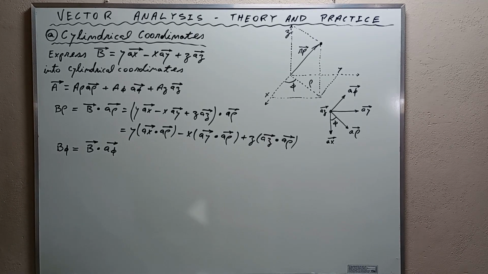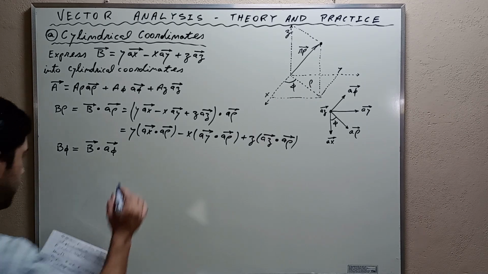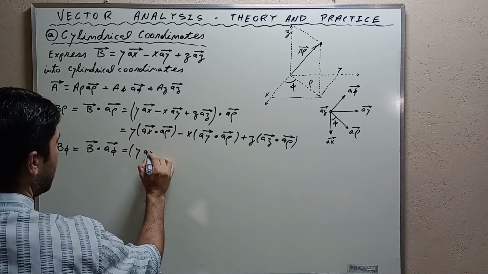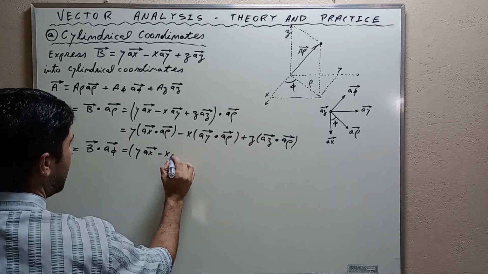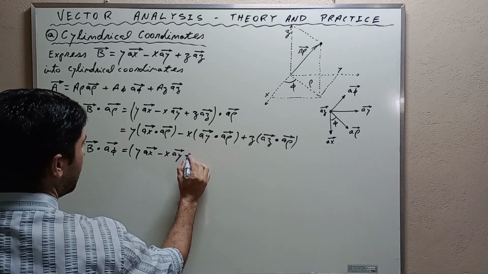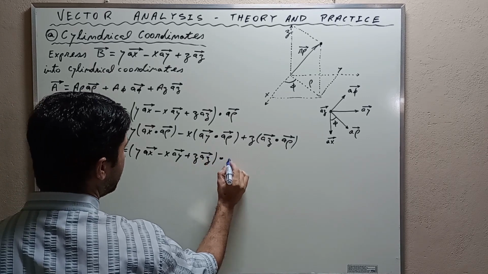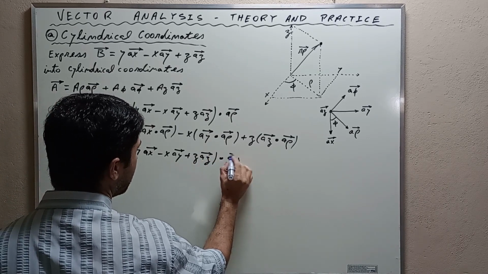We learned this, and it is going to be this, the vector y ax minus x ay plus z az in a dot product with a phi.